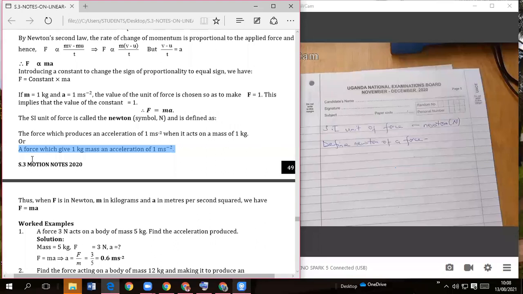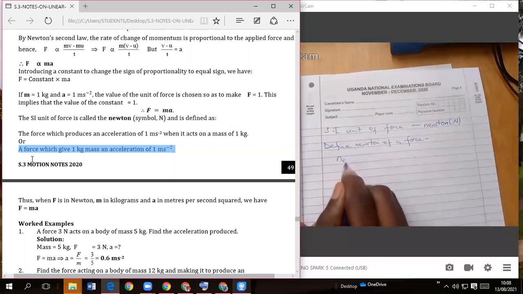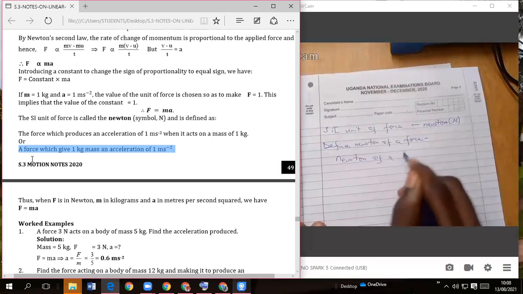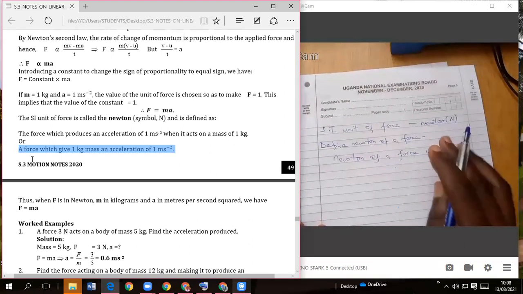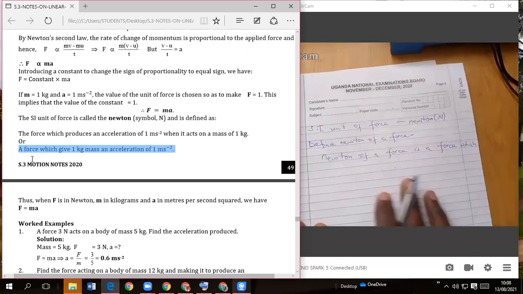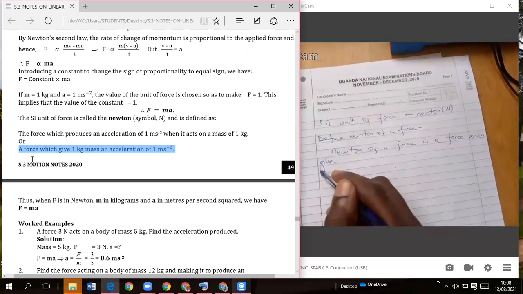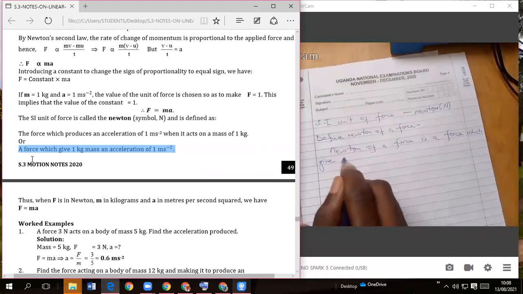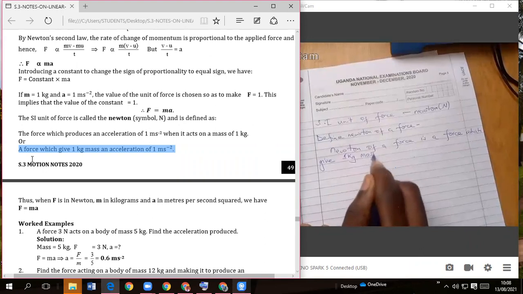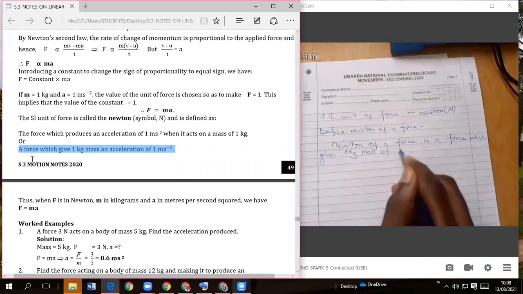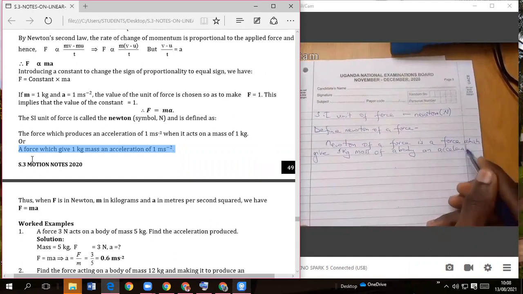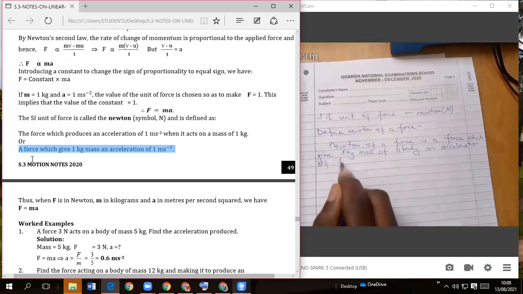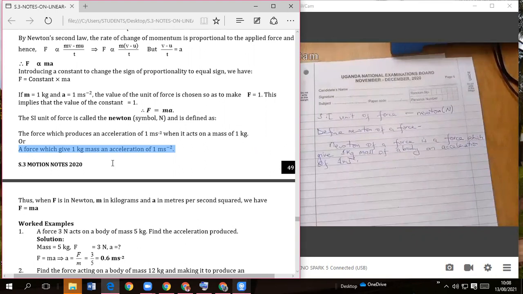So you say a newton of force is a force which gives a 1 kilogram mass an acceleration of 1 meter per second squared. That's what a newton is.